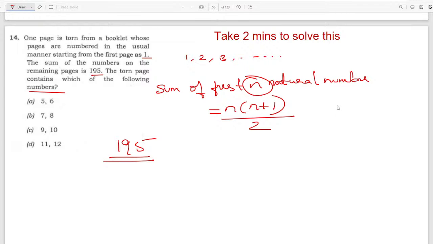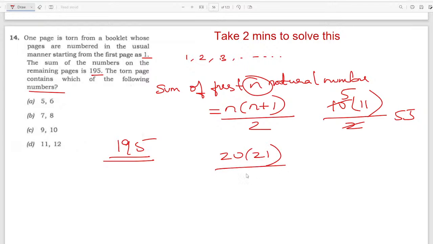So we'll just check here. If there are 10 pages, 10 into 11 by 2, the sum would be 55. So instead of 10, if I take 20 into 21 by 2, this is 10, this is 210, the sum would be 210.